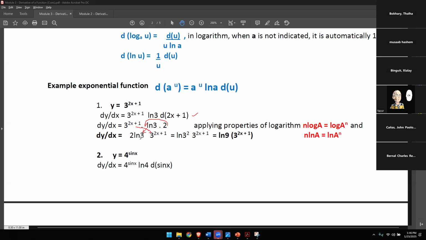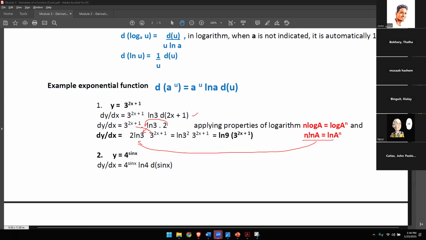Yes. Now, based on the logarithmic formula, it's n ln a. It says here that we can actually make this one your exponent, which is now equal to ln a raised to n. That is why from 2 ln 3 it became ln 3 squared. That's a property of logarithms.